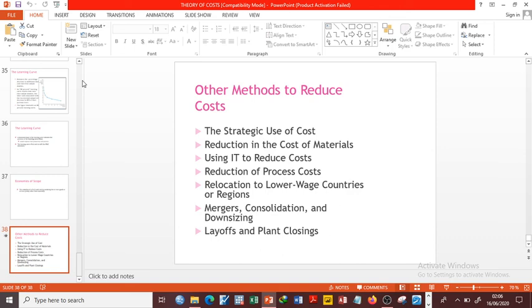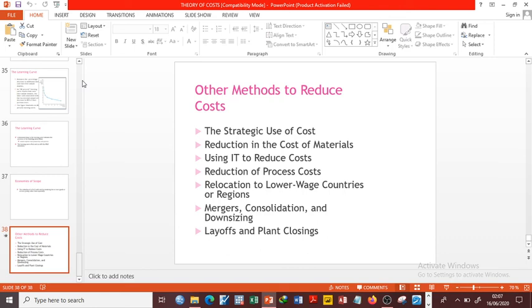And then consolidation and downsizing. In downsizing, we see that some workers of Warid Telecom were laid off, and of course laying off workers means the firm is reducing its costs on salary payments, right? And then layoffs and plant closings.